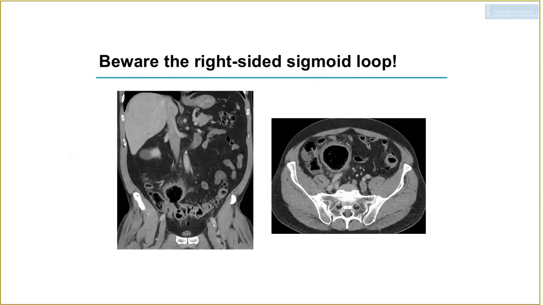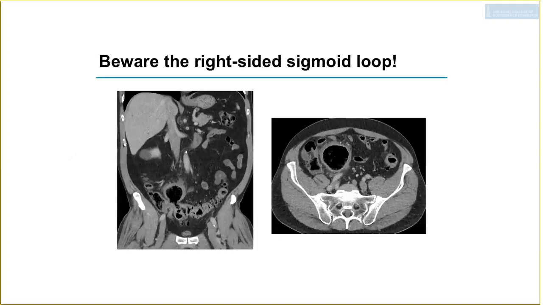Do beware of the right-sided tenderness. The sigmoid loop can be quite floppy, and it can sit partly across in the right-hand side of the abdomen. So patients may present mimicking appendicitis, and indeed diverticulitis has been called by some left-sided appendicitis.